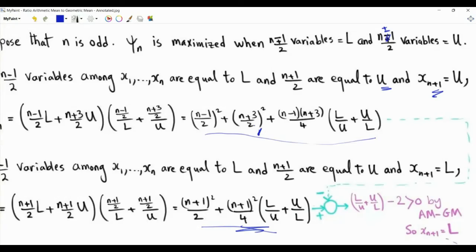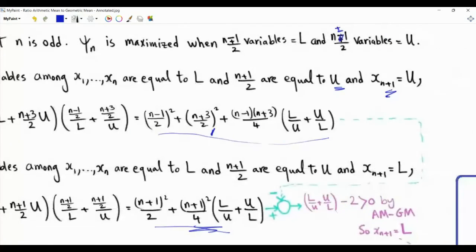And if we further increase the number of variables equal to u, we get this one. Let's take the difference between the two. After some simplification, we get the difference to be L/u plus u/L minus 2. That's the difference between these two values, this minus that.